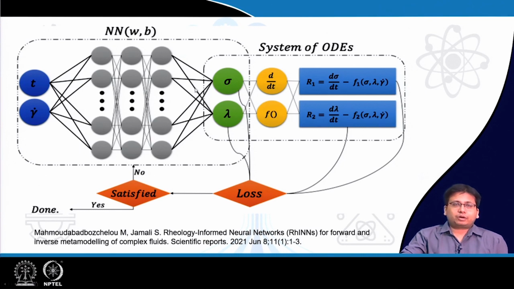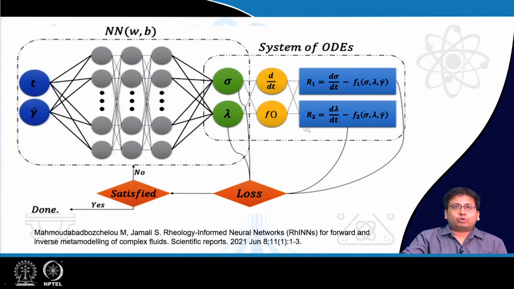In case of a neural network, what we will aim to do is, we will specify the time and we will specify the model parameter. The neural network really needs to predict the values of sigma and lambda at that time for that value of the parameter. Okay, so the neural network is of course the universal function approximator.